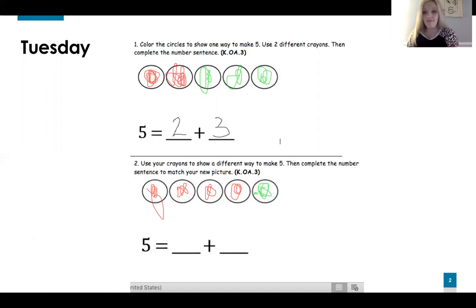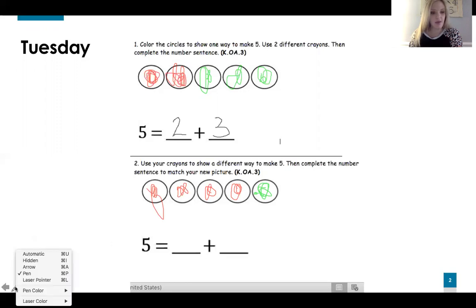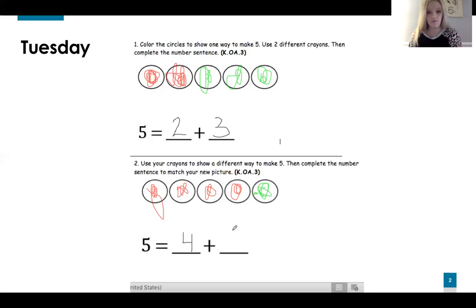I still have 5 circles just like I did up here, but now it looks a little bit different. So if I were to write my equation, how many reds do I have? 1, 2, 3, 4. And then how many greens? 1, right? So both of these ways show how to make 5. This one's just 2 plus 3, and this one is just 4 plus 1.